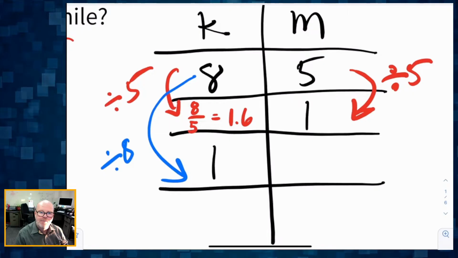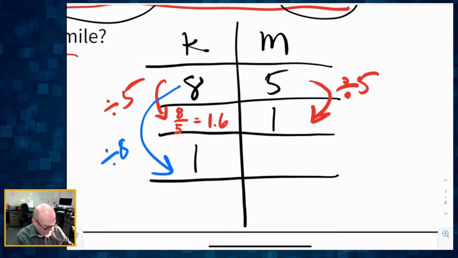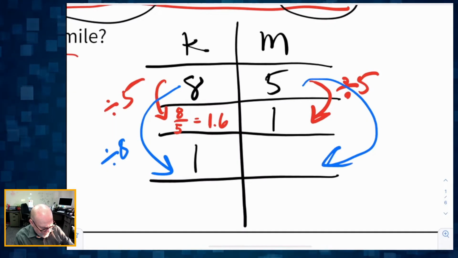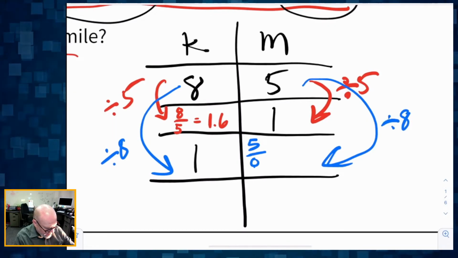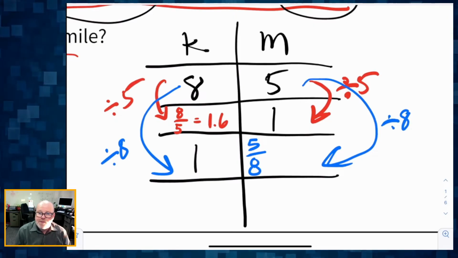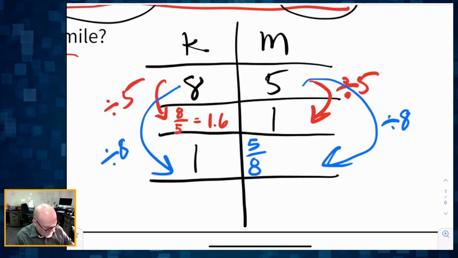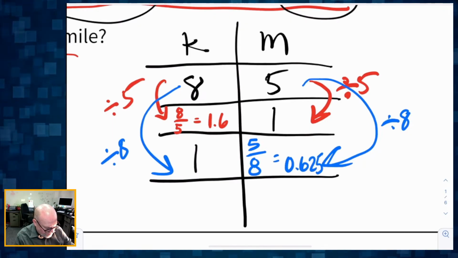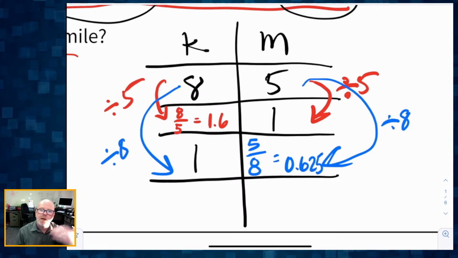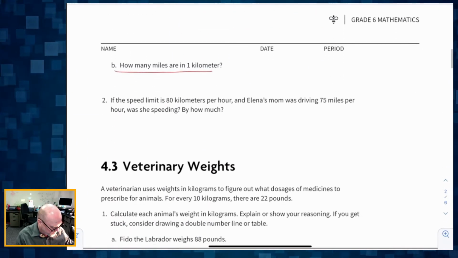So 8 divided by 8 gives me 1, which means over here on the right side, I'm going to do 5 divided by 8, which is not a tidy number, so it's 5/8. But if you want the actual decimal, it's 0.625. All right, and there's our 2 unit rates.